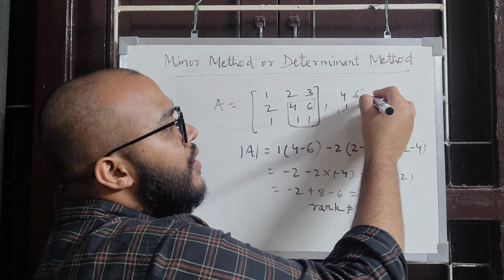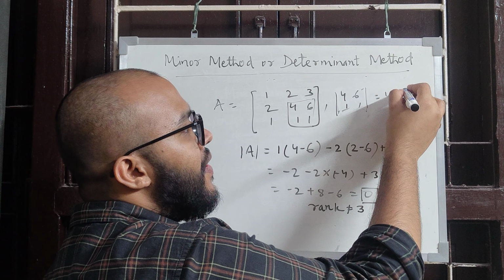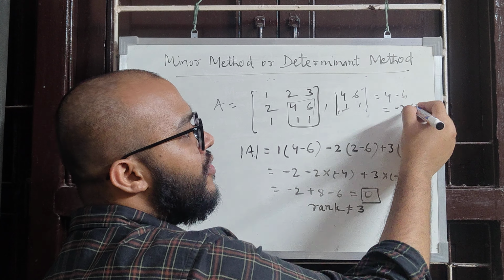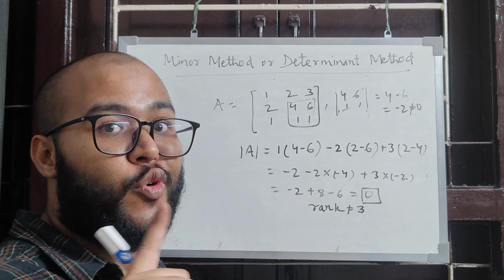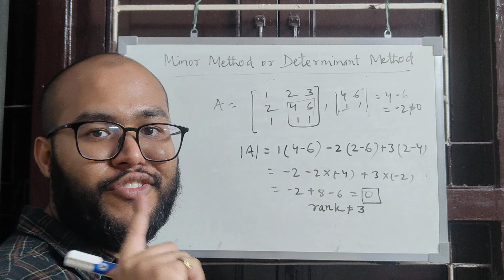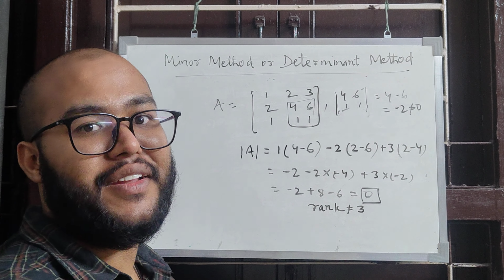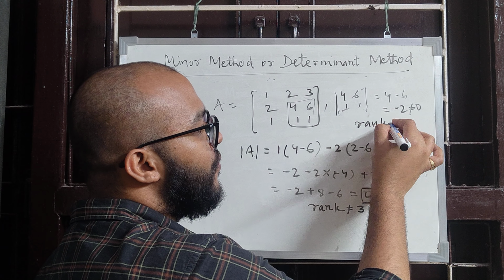So the determinant will be 4 minus 6, which is minus 2, that is non-zero. So we have found one 2 cross 2 matrix such that the determinant is non-zero. So the rank will be 2 because it is a 2 cross 2 matrix. Okay, so its rank is 2.